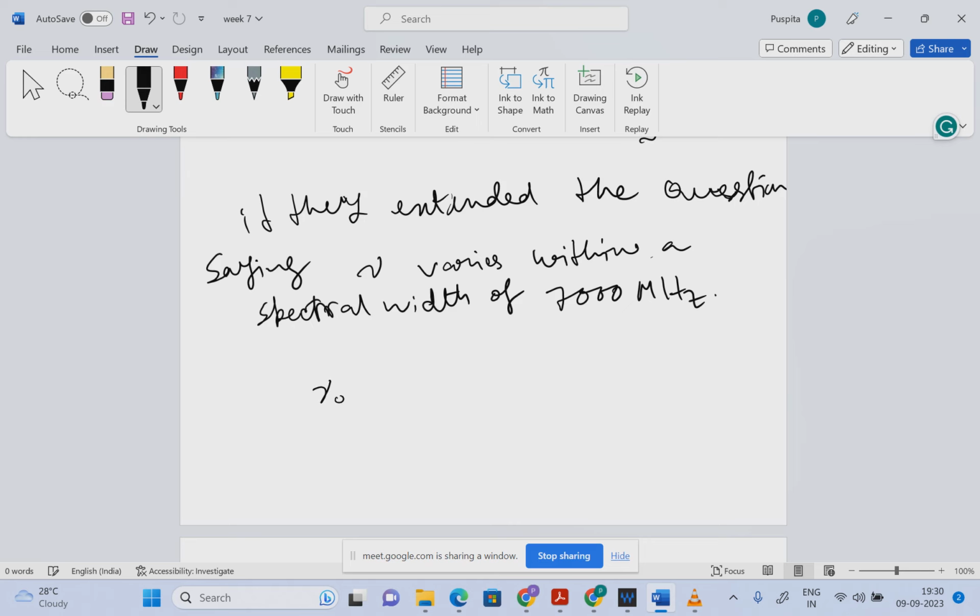So we have nu, so nu plus minus delta nu. Delta nu here is 7,000 megahertz. Okay, then plus minus 2 delta nu.